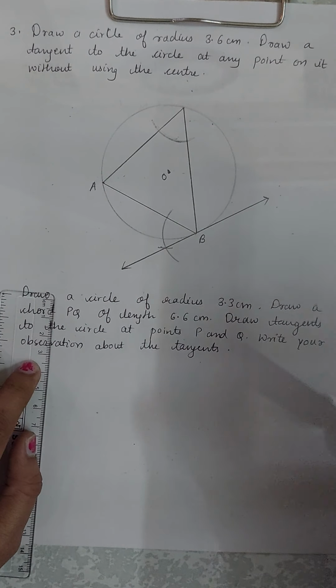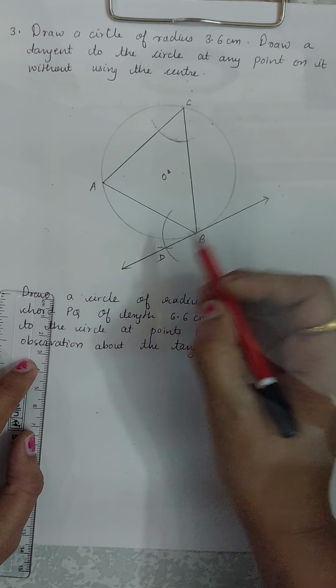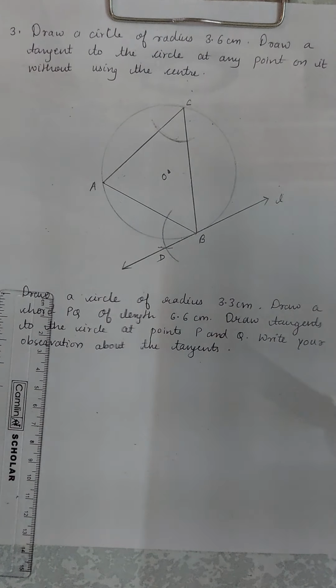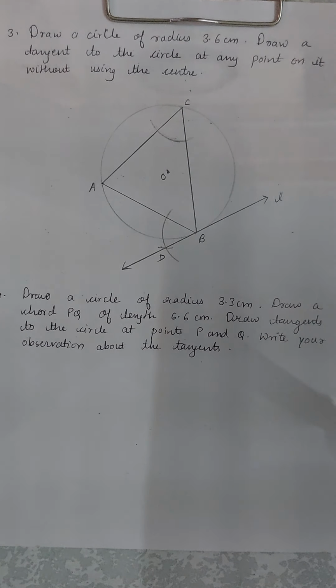Okay, so this is how you draw the tangent. You can name this A, B, C. Yeah, you can name this arc if you want, say D. Okay, and this line you can name suppose L, whatever. Okay, so this is how you draw when you have been asked to draw a tangent to a circle without using the center.